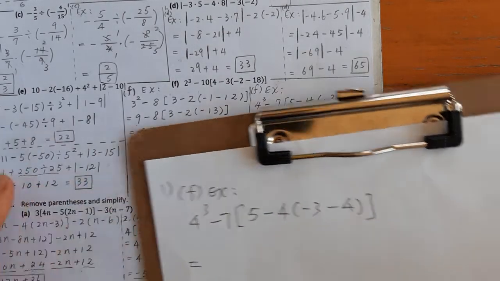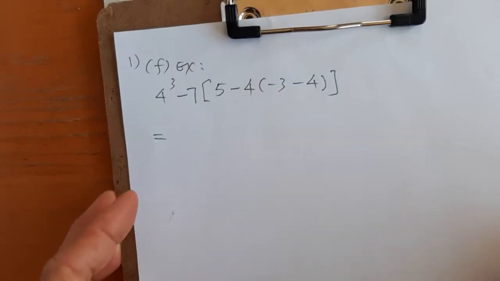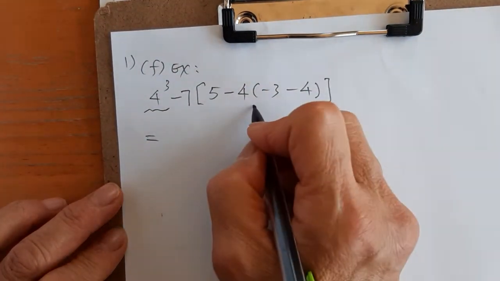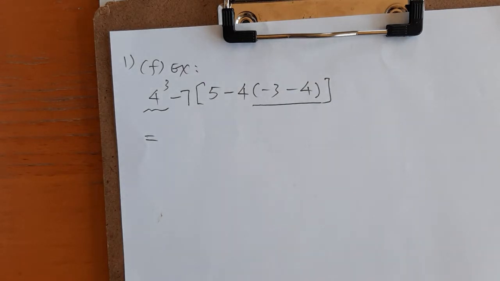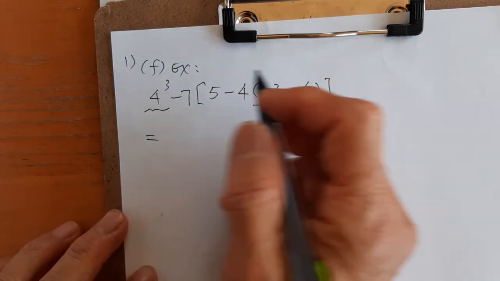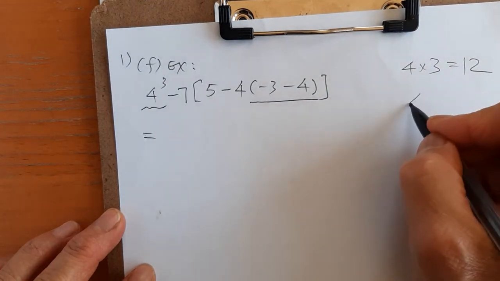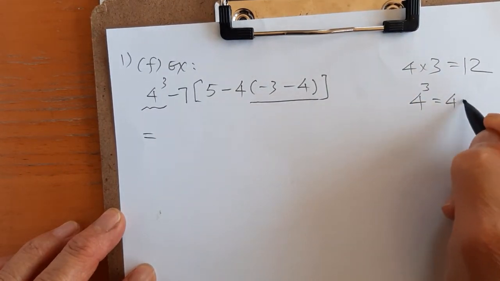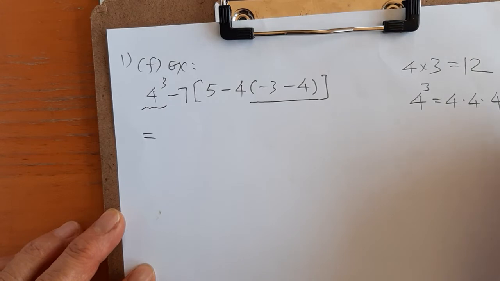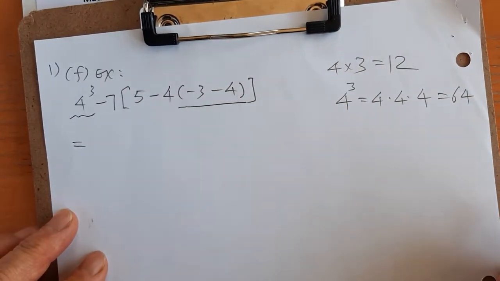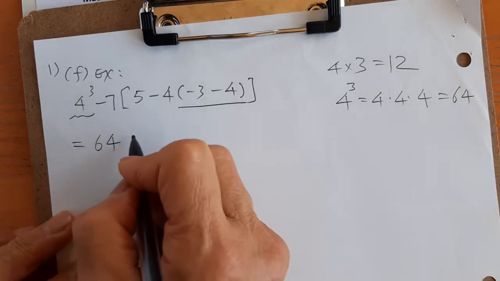So by the order of operations, exponent you have to do first, and inside the grouping symbol do first. 4 cubed is not 4 times 3, because 4 times 3 is 12. 4 cubed is 4 times 4 times 4. 4 times 4 is 16 times 4 is 64. So 4 cubed is 64, and copy that.